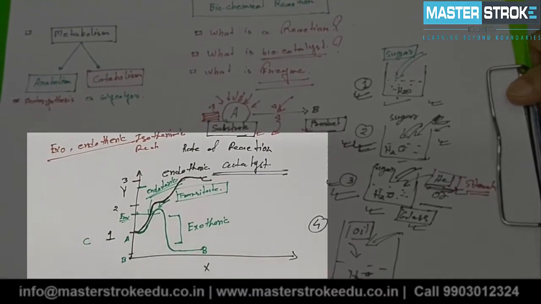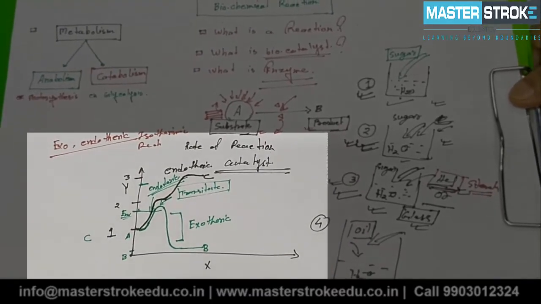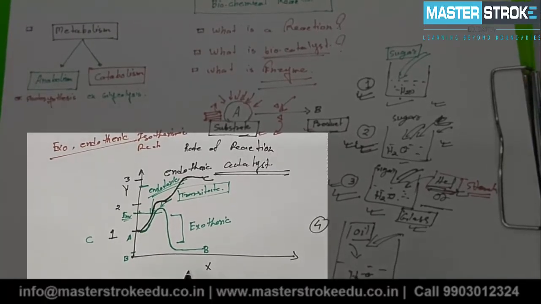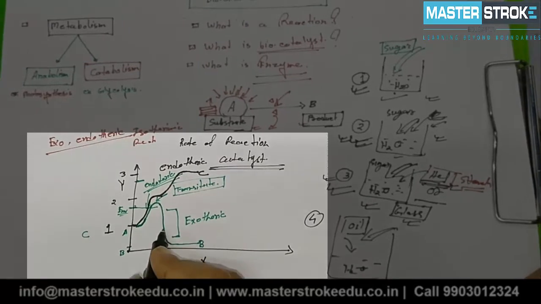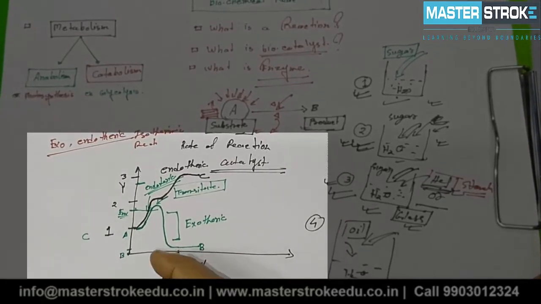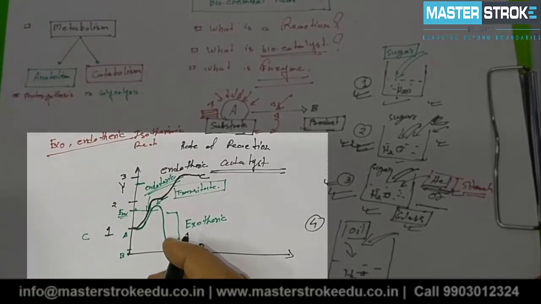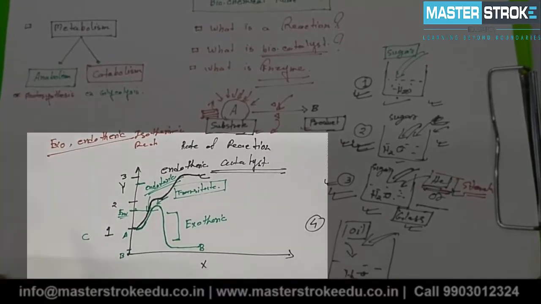So only after the completion of the reaction can we say that it is an endothermic or exothermic reaction, by mathematical calculation. But during the reaction we can never say it is an endothermic or exothermic reaction.